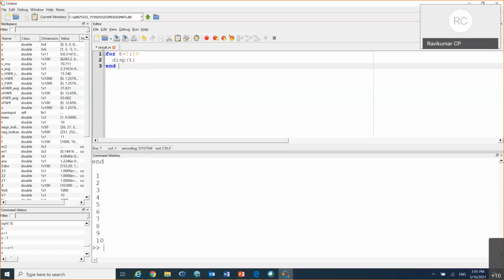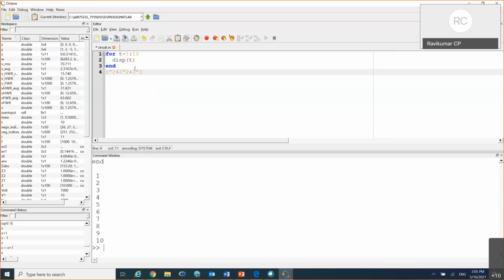So suppose our interest is in calculating, some of you may remember this formula: 1 square plus 2 square plus 3 square, the sum of all the squares. Anybody remembers the formula?